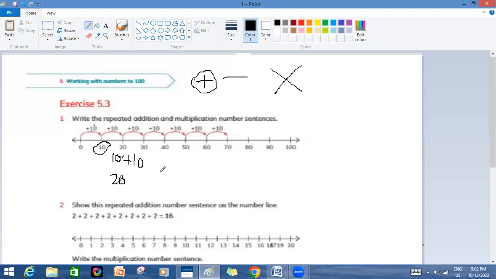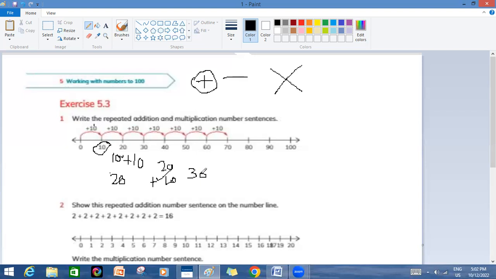And so on, 20 plus 10 equals 30. So like this, we are going to add 10 each time to the numbers.